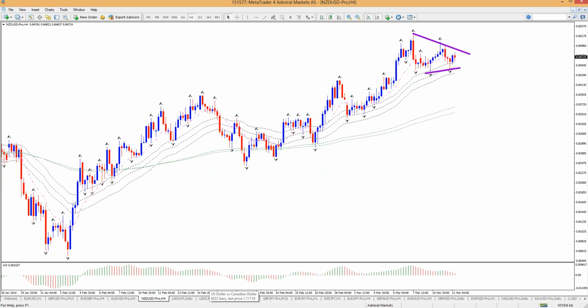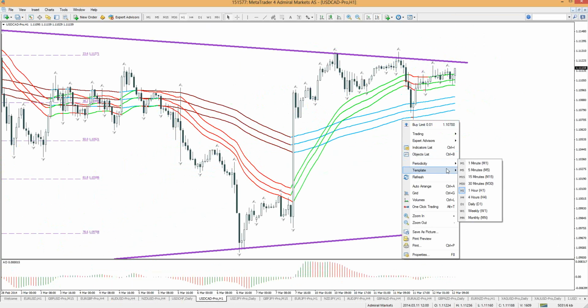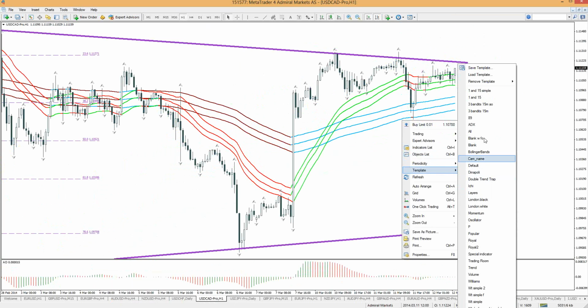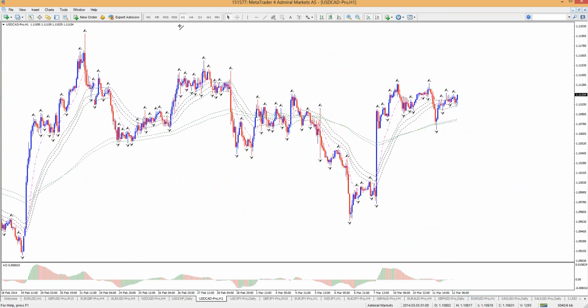What else to discuss? Let's see, we got dollar CAD. Dollar CAD made some downside, but didn't go too far, did it? It went just a bit, and we got a pin bar already. We got an hourly pin bar, in fact. So what I was saying yesterday is that we are in a triangle like this.